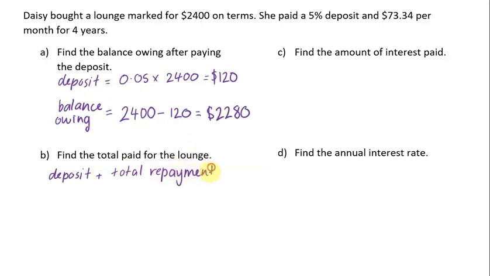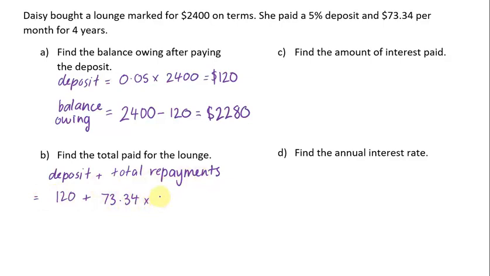So she pays her $120 deposit and the $73.34 per month for 4 years. So this for us is the deposit was $120 plus the total of the repayments. She was paying $73.34 every month for 4 years.